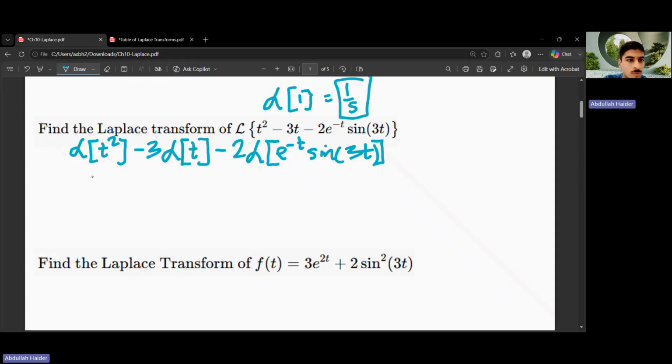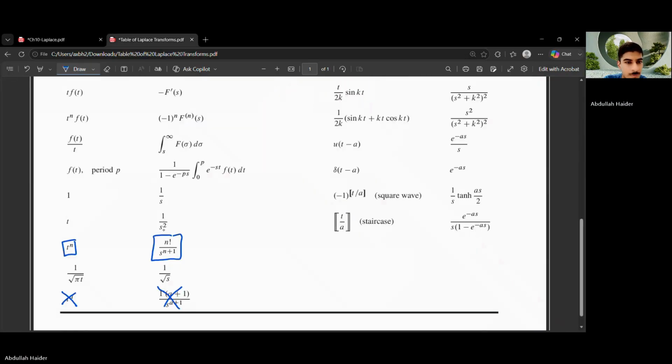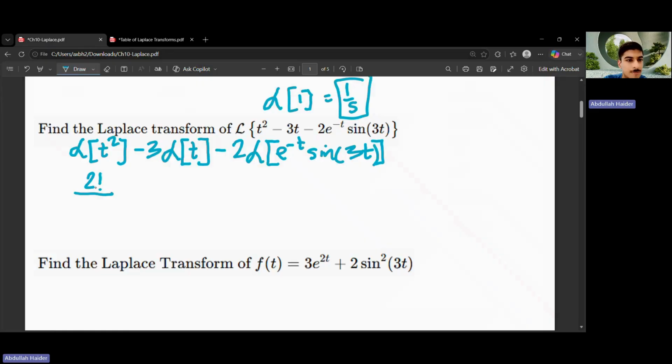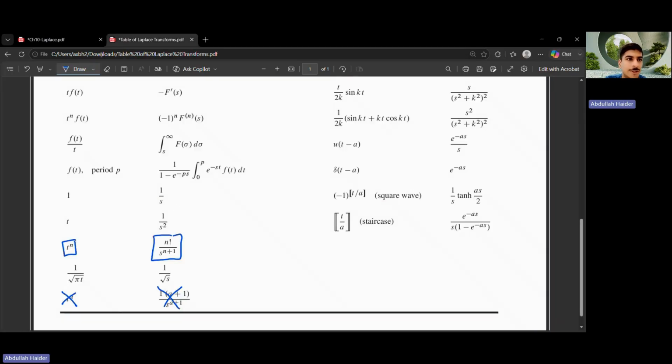So 2 factorial over s power 2 plus 1. This is our Laplace of t squared, minus 3. Now we need to find the Laplace of t. It's 1 over s squared.